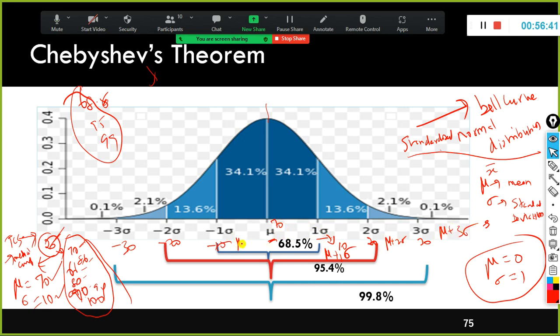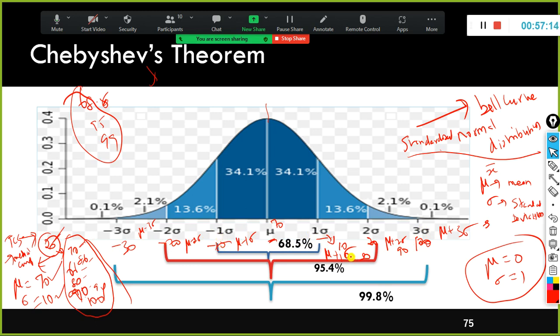Here mu minus 1 sigma, mu minus 2 sigma, mu minus 3 sigma. Mu is 70, so mu plus 1 sigma is 70 plus 10, 80. 70 plus 20 is 90, and 70 plus 30 is 100.